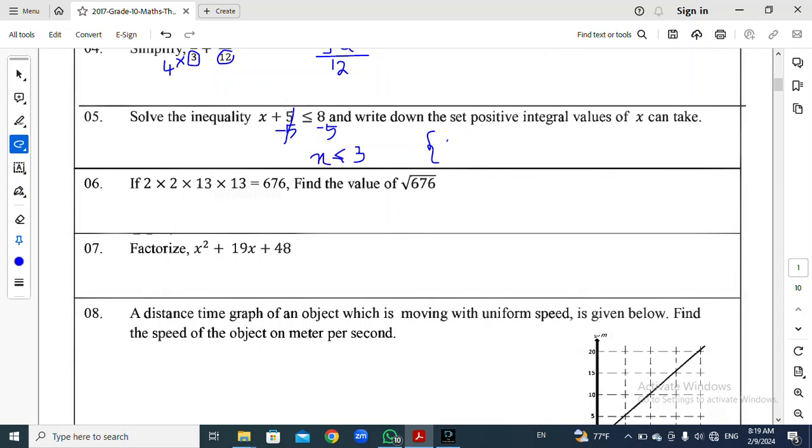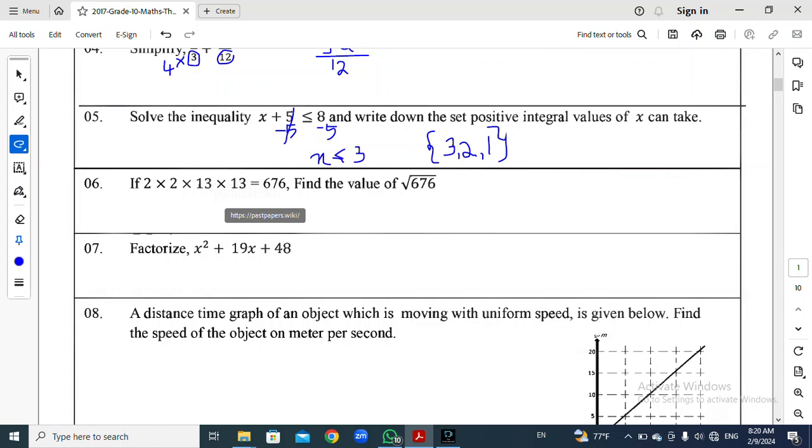So we can take 3, and less than 3: 2, 1. They are asking for the positive ones, so these are the positive ones.